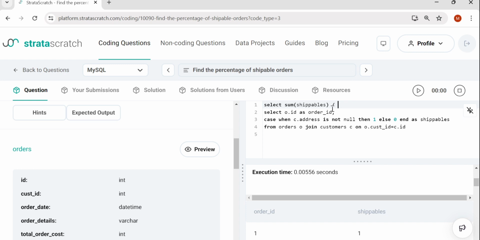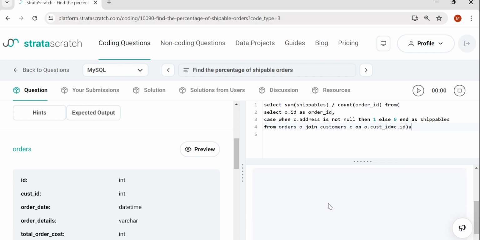The number of orders can be treated as the total number of orders, so you can count it as count of order ID from this table, and you have to alias it with some name.